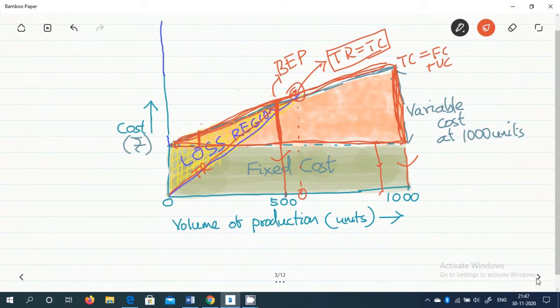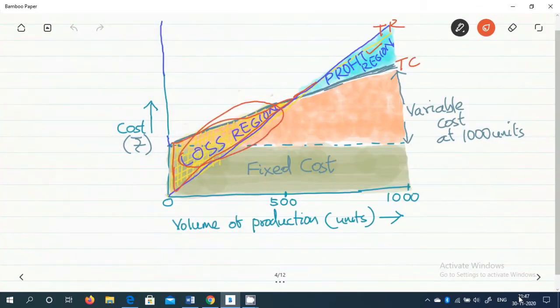On the x-axis I am taking the volume of production, and this is the cost. This region is the loss region for the company, and at this point, where total revenue equals total cost, is the break-even point. At this particular point, 500 plus some units, is the break-even point for the company.